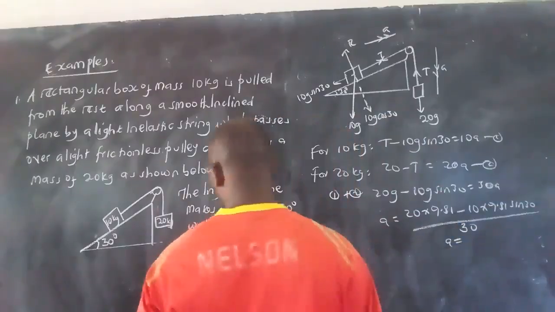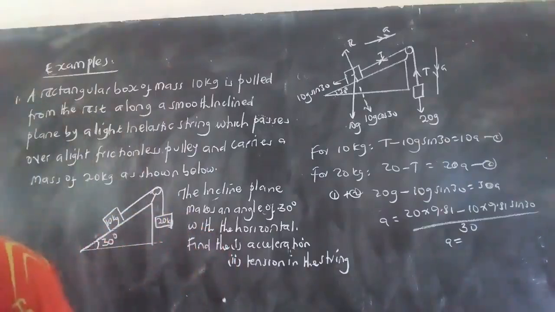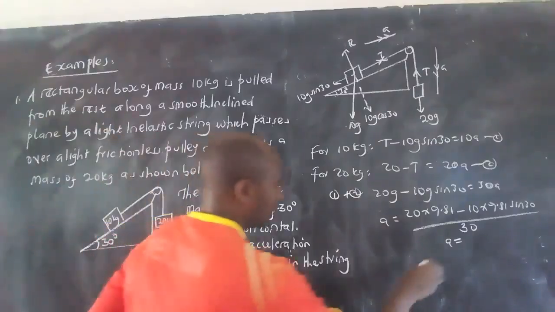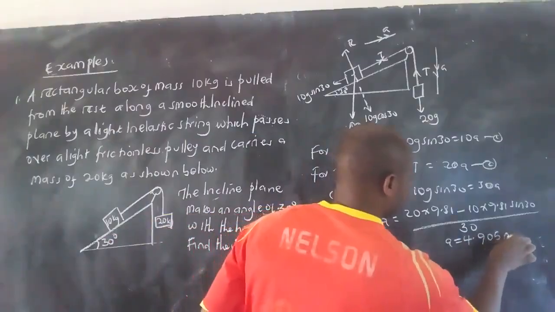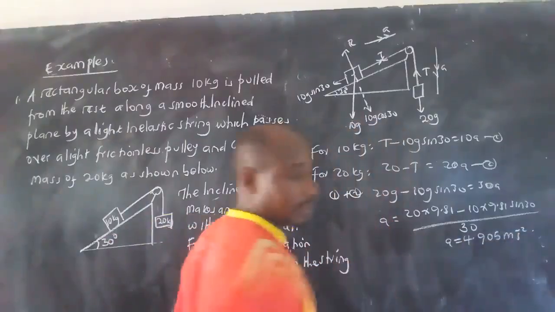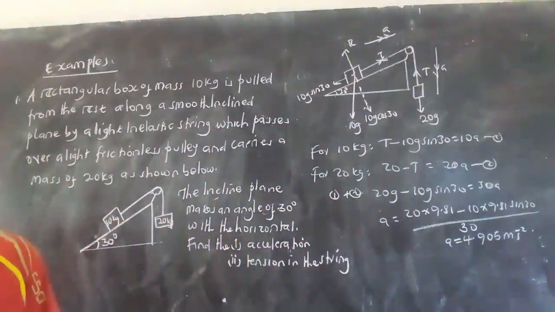So what is our acceleration? We shall have the answer for our acceleration as, let me see, 4.905 meters per second squared.